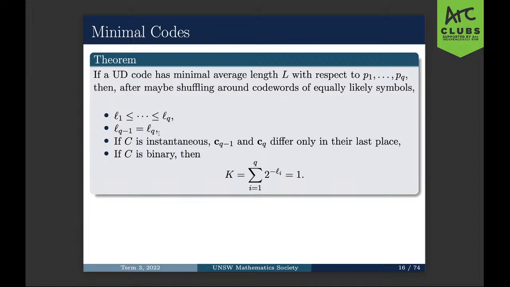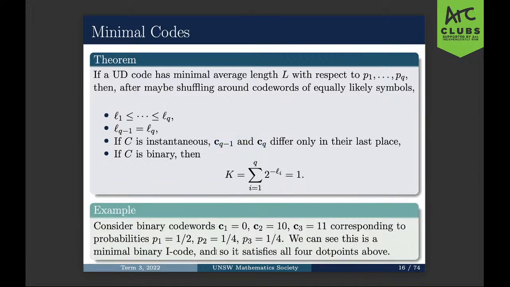Just to be clear, we're still assuming that the probabilities are in decreasing order. The first dot point is saying the smallest length is reserved for the most frequent source symbol. The rarest two code words are given the same length, and they also differ in the last place.